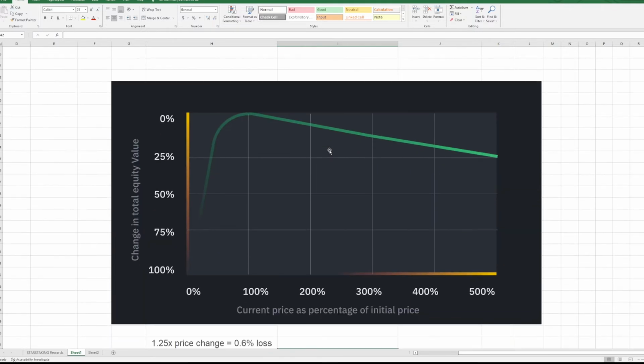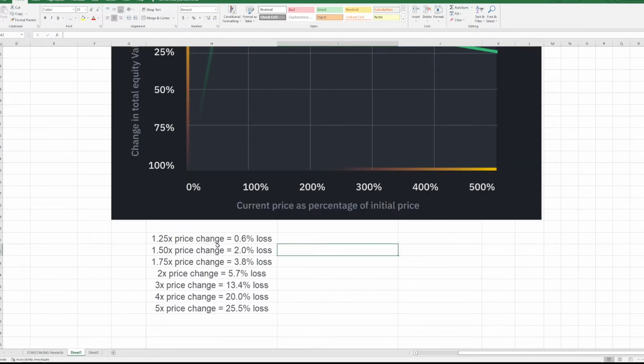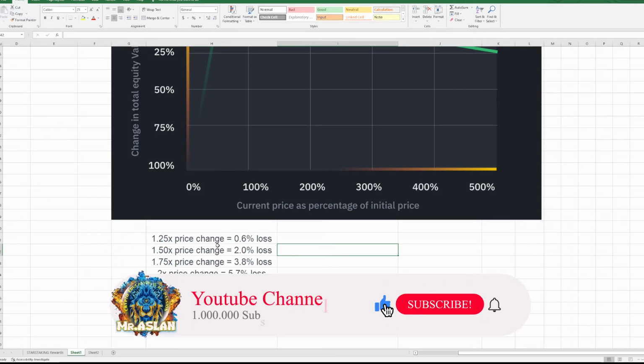So here is the graph which gives you an indicative of how much percentage change in the price would impact your actual impermanent loss percentages. A 1.25x price change results in a 0.6% loss. Again, these numbers are indicative, though in the real world scenario, they might be subject to many other conditions, so it might change, guys. 1.5x would give you a 2% loss, 3x 13.4%, and so on, and 5x would give you a 25% loss.